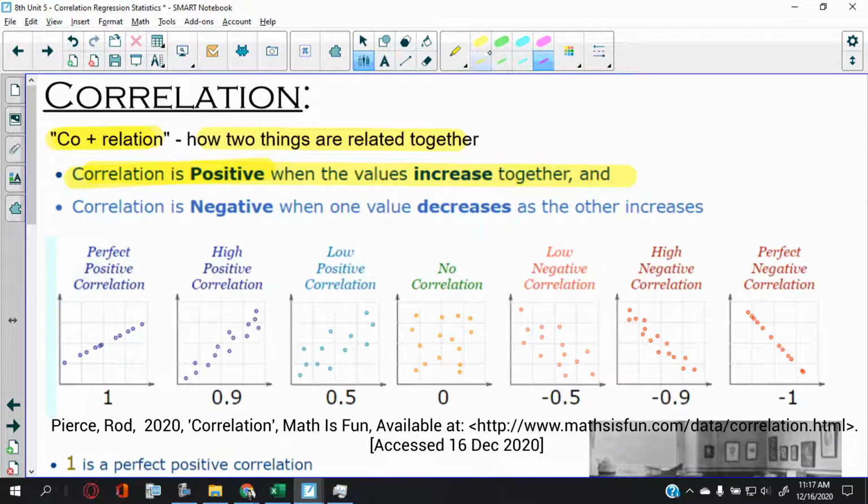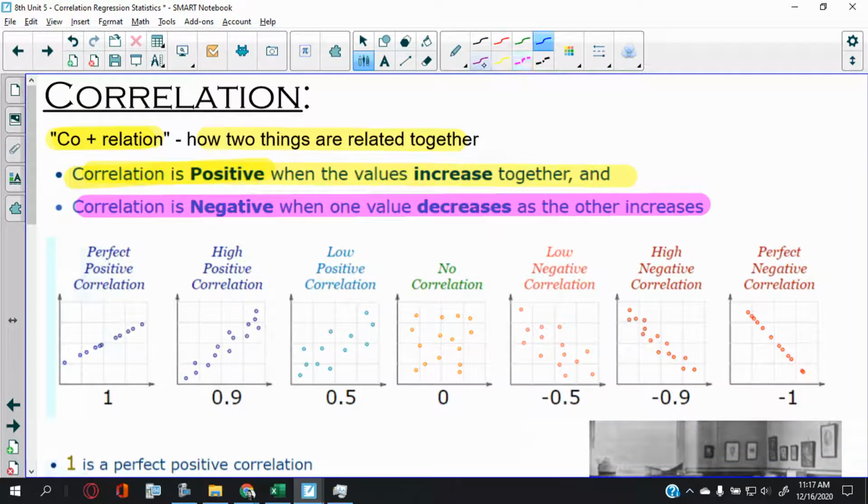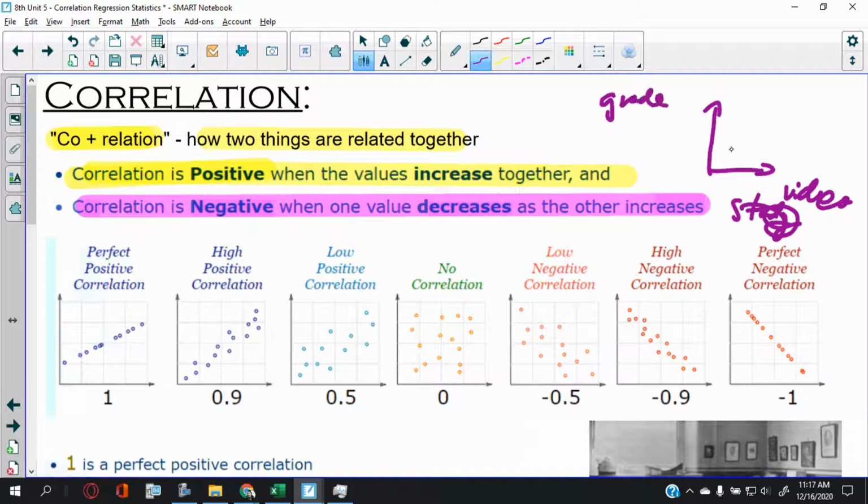On the other hand, a correlation is negative when one value decreases as the other one increases. So I'll give you an example. Let's take video games. The amount of time you spend playing video games versus your grade, I don't know, in math class or something.